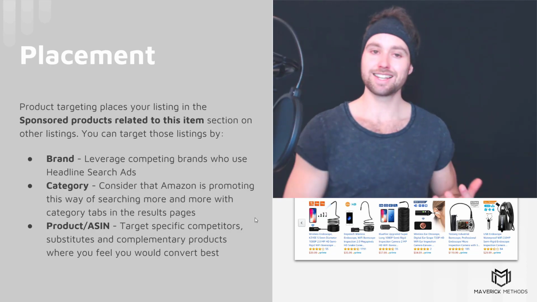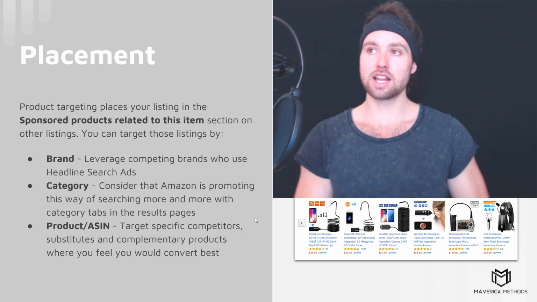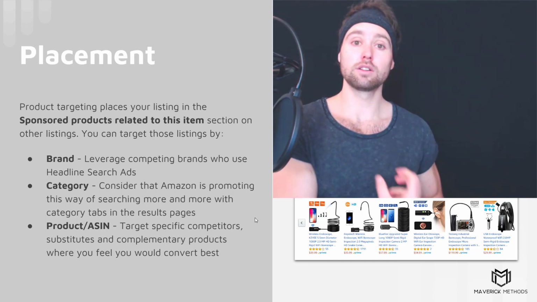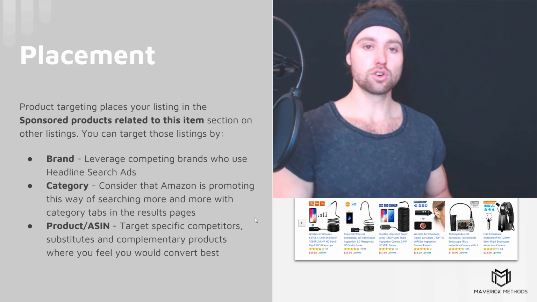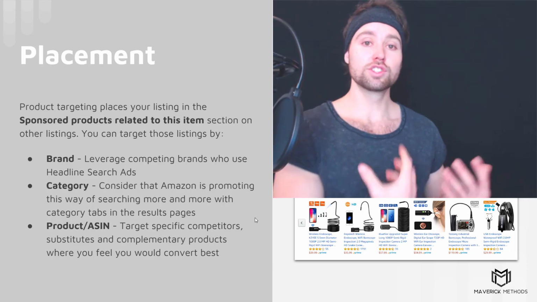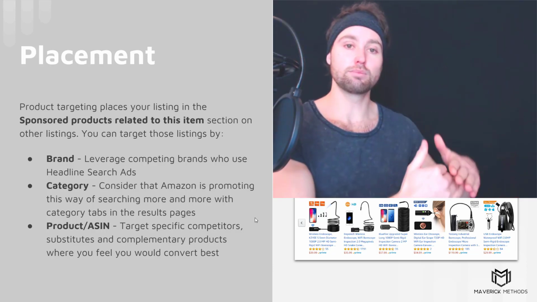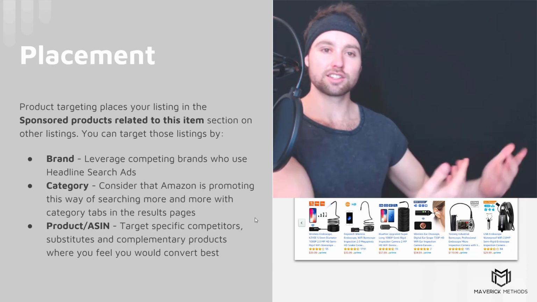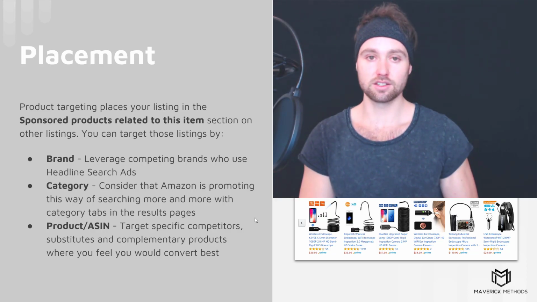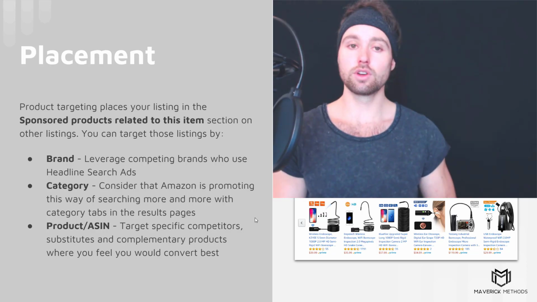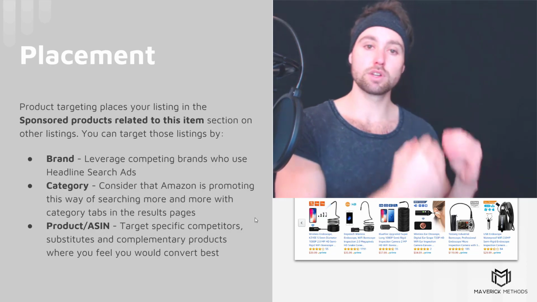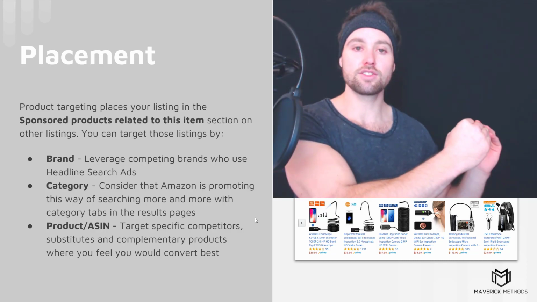Well, you're not actually selling the endoscope, but you're selling an item that goes very well with endoscopes. Your accessory item would sell really well as a frequently bought together, but you're not in the frequently bought together on those listings. But what you can now do is pay to be just below that frequently bought together section.